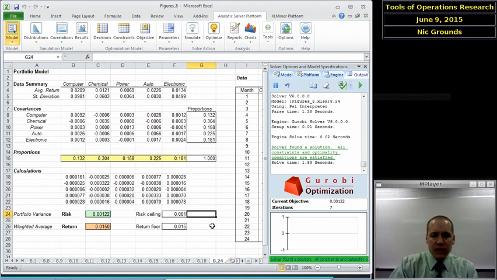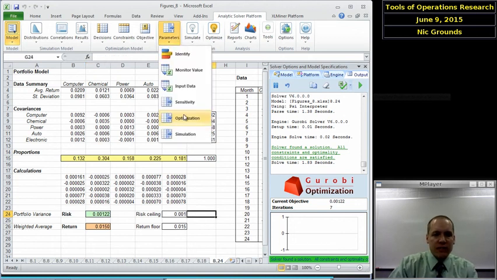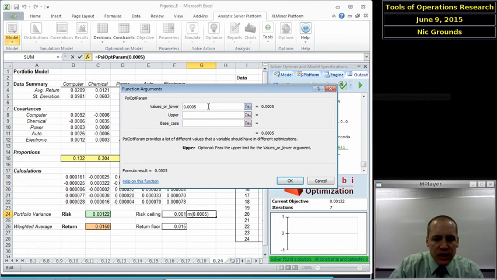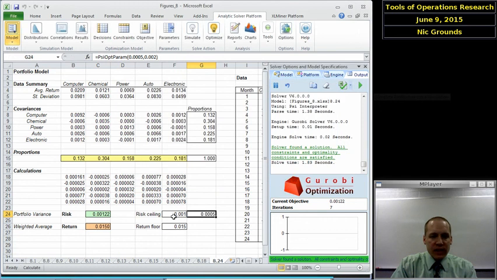so let's do optimization sensitivity as a last step. And we'll go a lower value of 0.05 and an upper value of 0.2 for our risk ceiling.